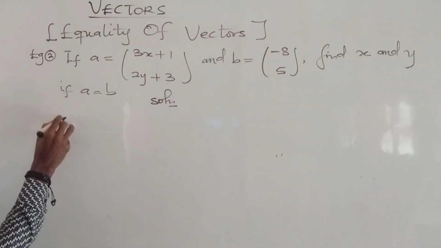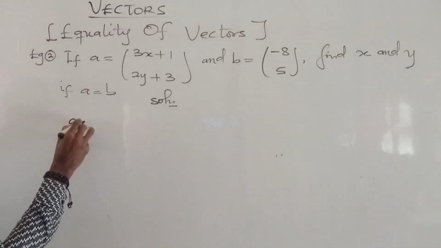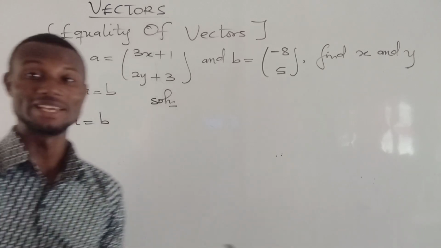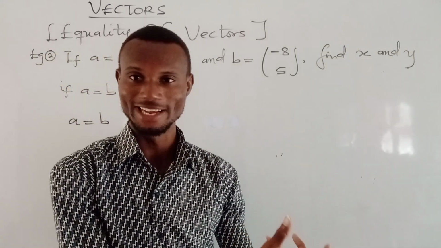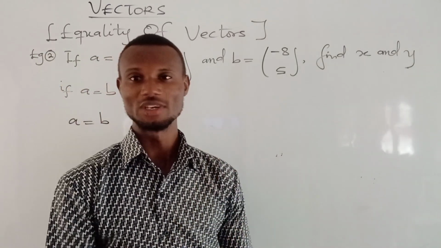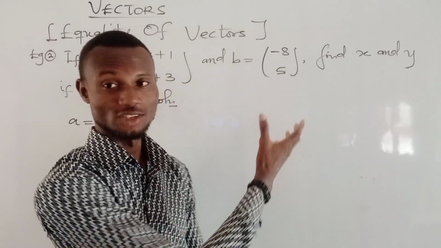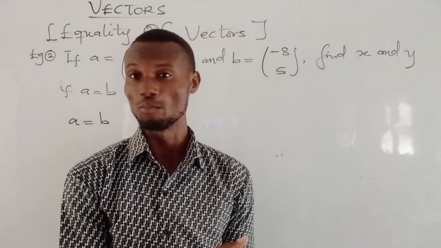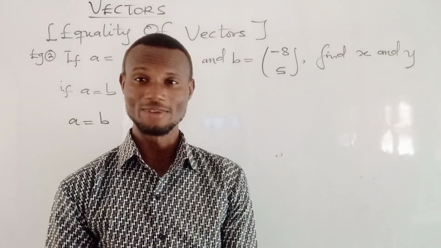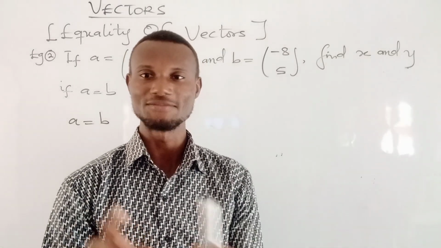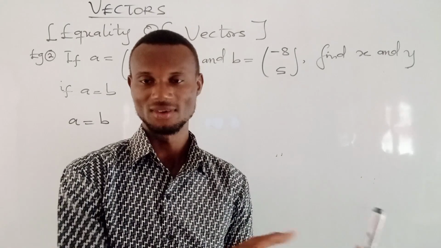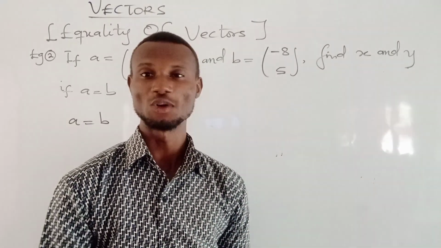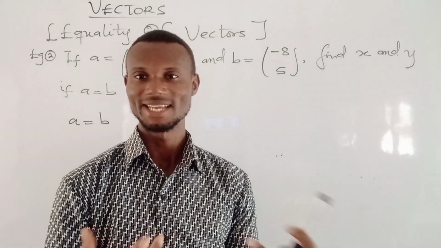I'm going to write down that A equals B, and from the question I'm given the value of vector A, so I'll input it, and also the value of vector B, so I'll input it as well. Then we equate corresponding components. Why? Because the two vectors are equal. We have A equals B. So we are going to equate corresponding components and solve for the values of x and y.